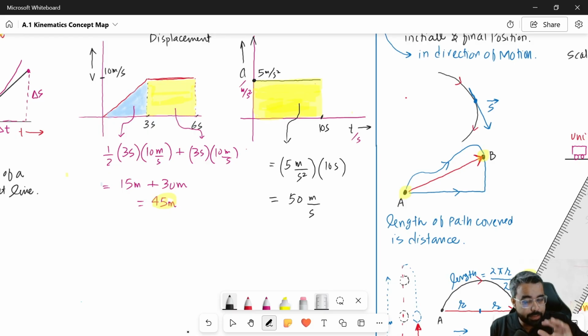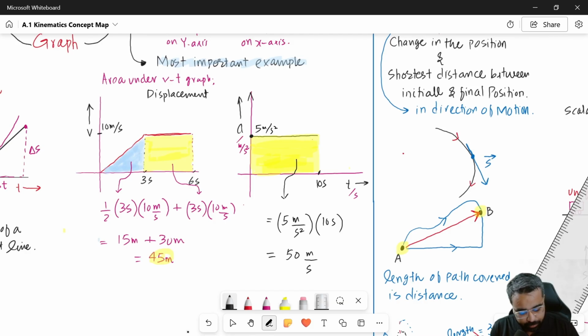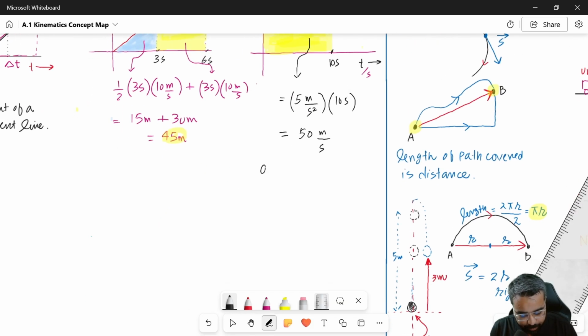Now dear students, this is not velocity. It is change in velocity. Why? Because the formula of acceleration is a equals delta v over delta t. If you take delta t to the other side, a multiplied by delta t is equal to change in velocity.